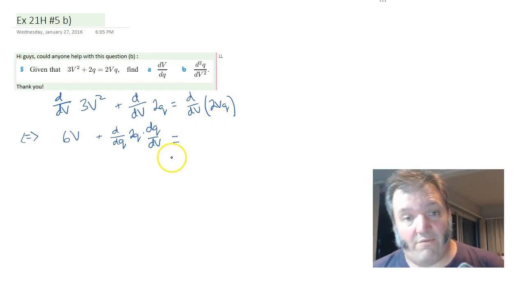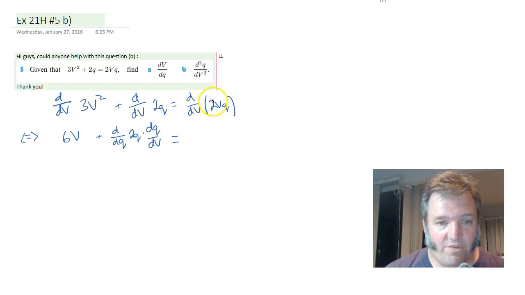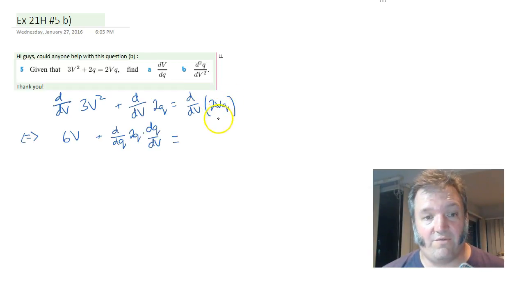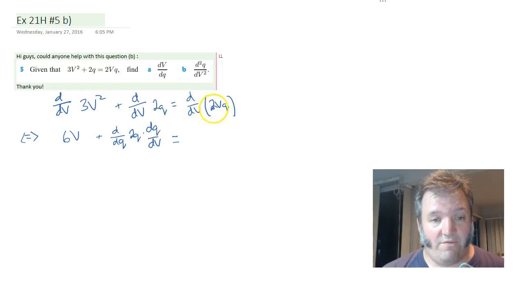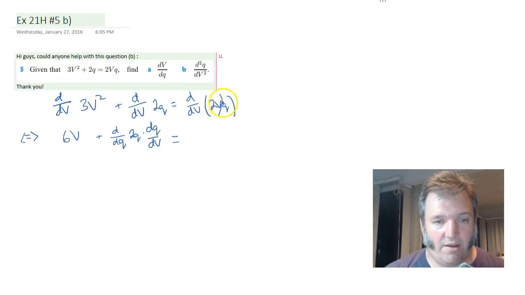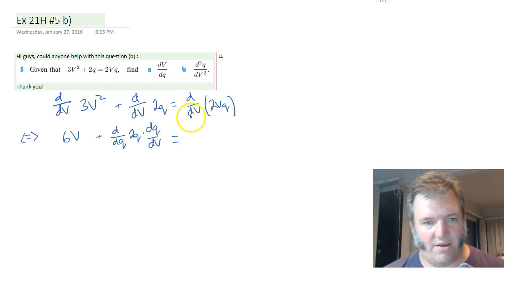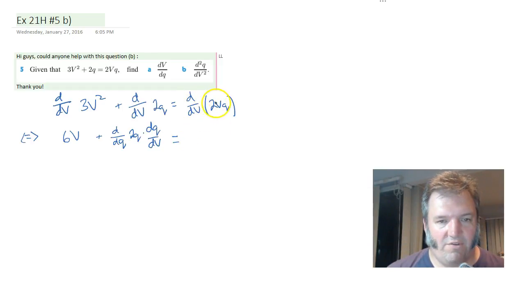On the right here, we have a product rule. We've got one term, 2v, being multiplied by the other factor of q. So I'm going to do the derivative in terms of v of the first half, and it might make it easier if you indicate that you've got 2 bits there. So the d dv of 2v is just 2, and I leave the second half alone.